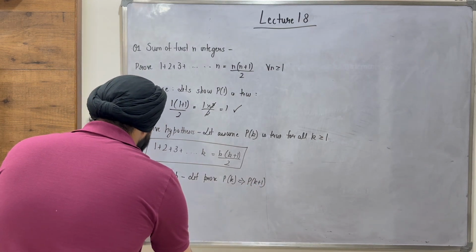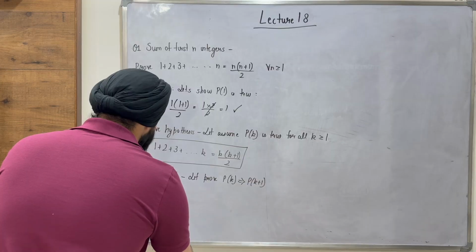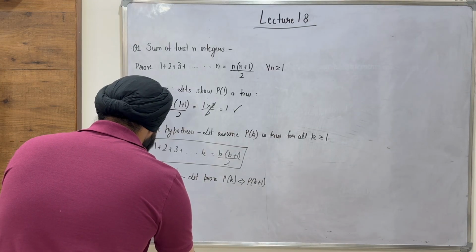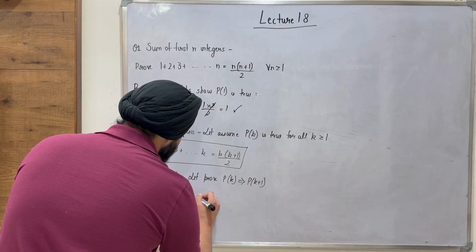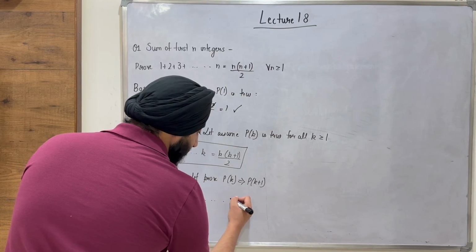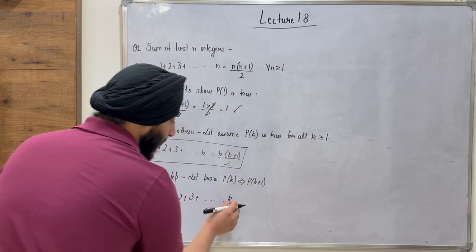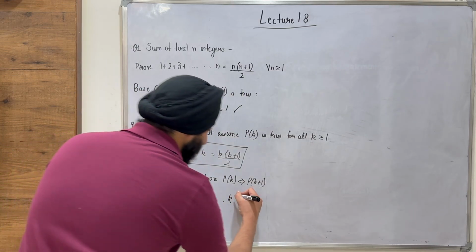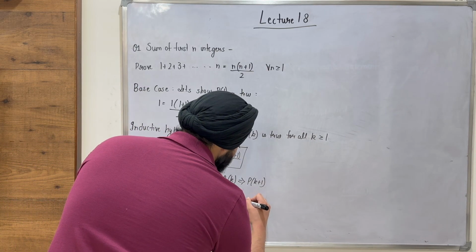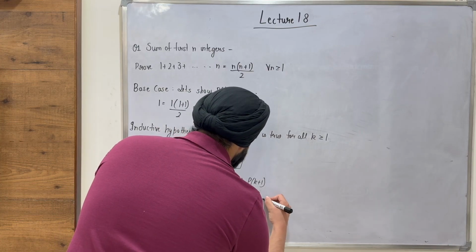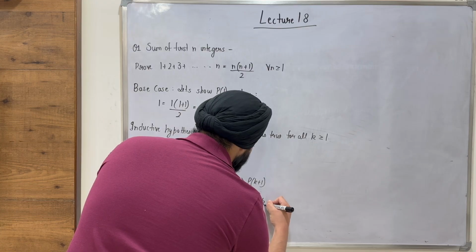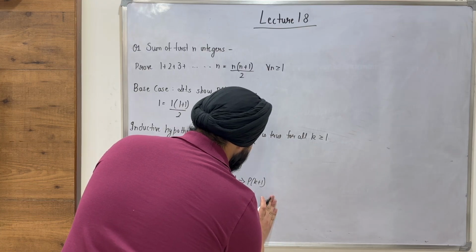If I try to write it down, then P of k plus 1 would simply be 1 plus 2 plus 3 plus, towards the end, there would be a value k, which is the second last element, plus k plus 1, which is equal to, right?